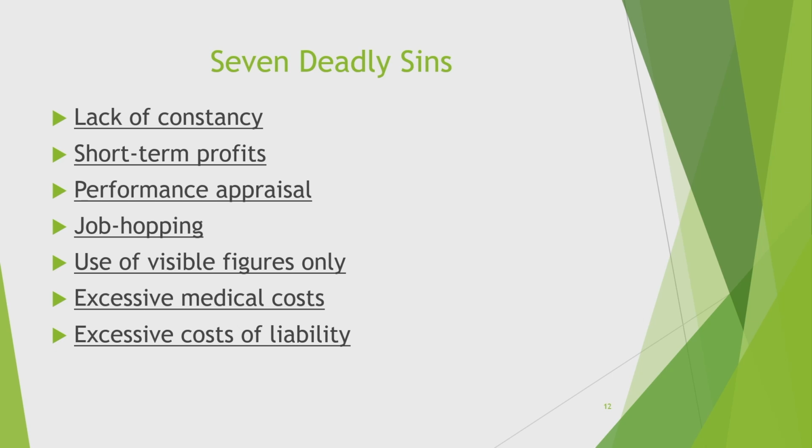Sometimes performance appraisal may be based on proximity to the manager of the shop floor. So there are so many defects in performance appraisal. So he said that the work should be done in a team. They should not have fear of performance appraisal.